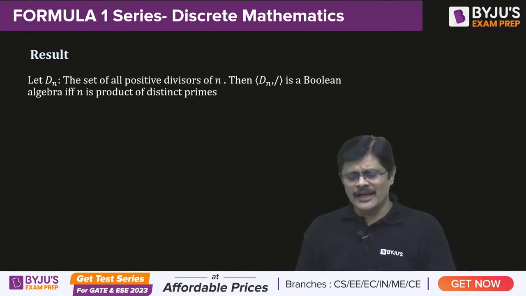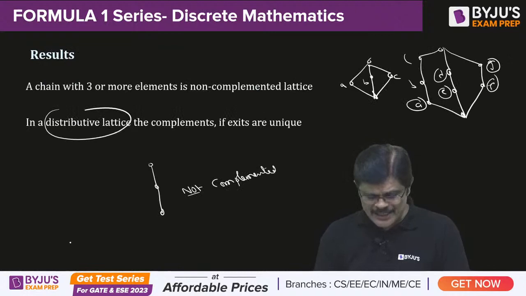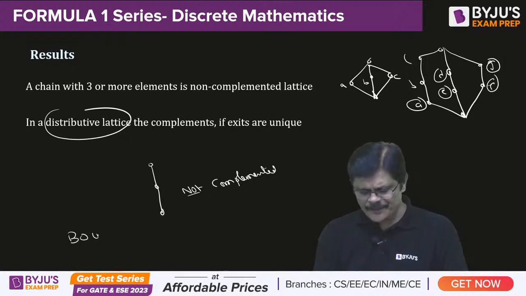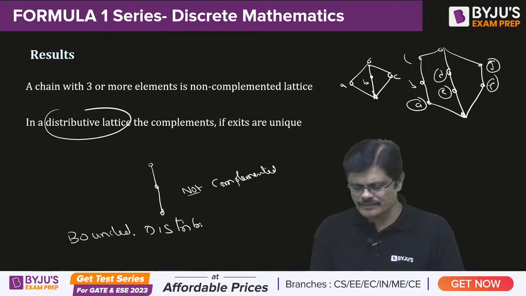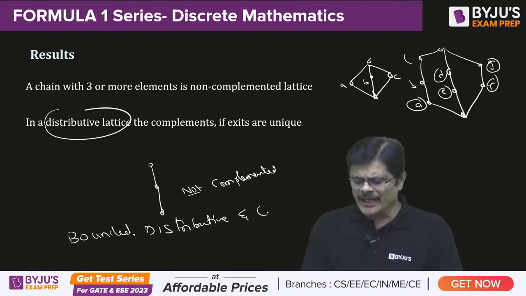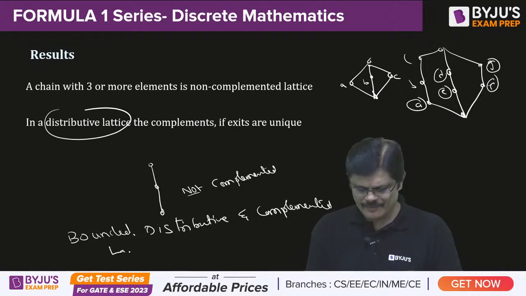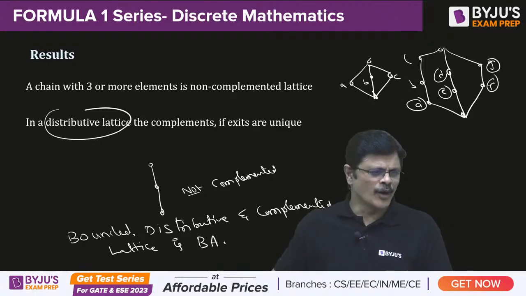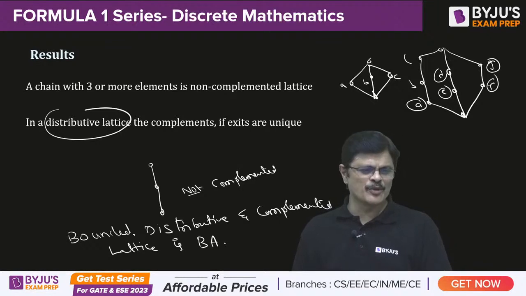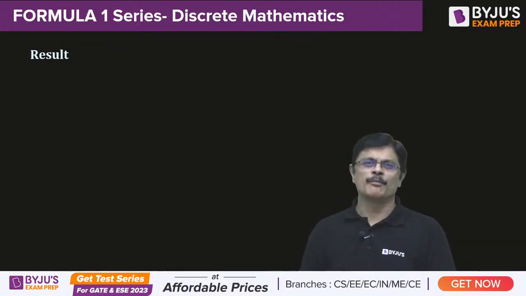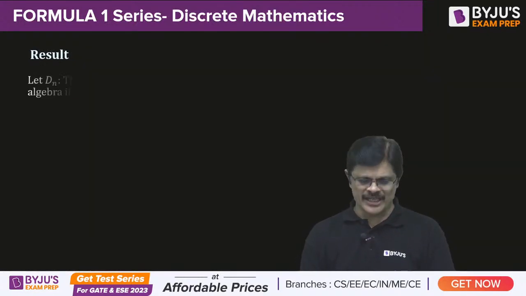Now the important thing which we need to know is this, the definition of Boolean algebra. A bounded, distributive and complemented lattice is a Boolean algebra.